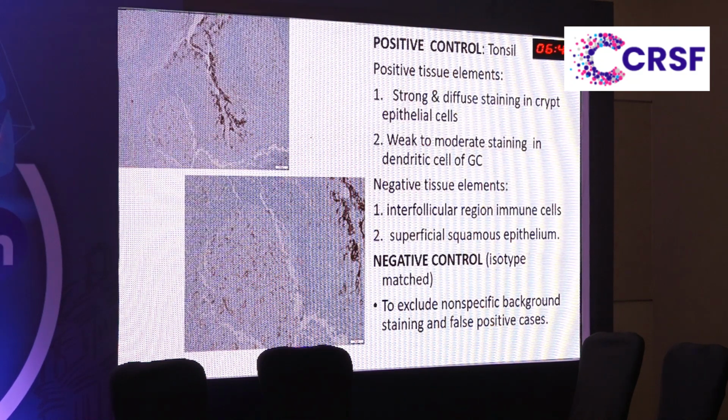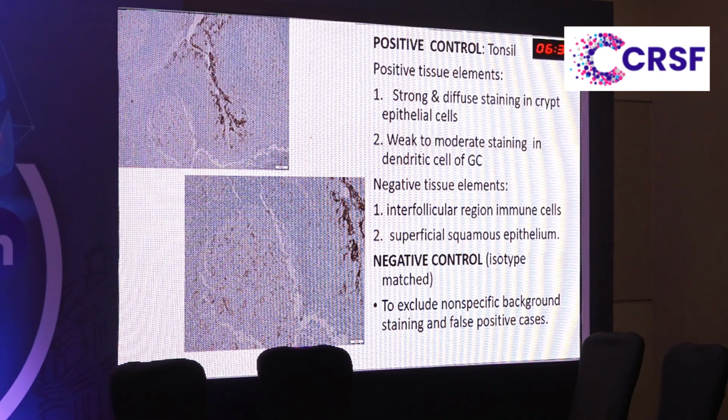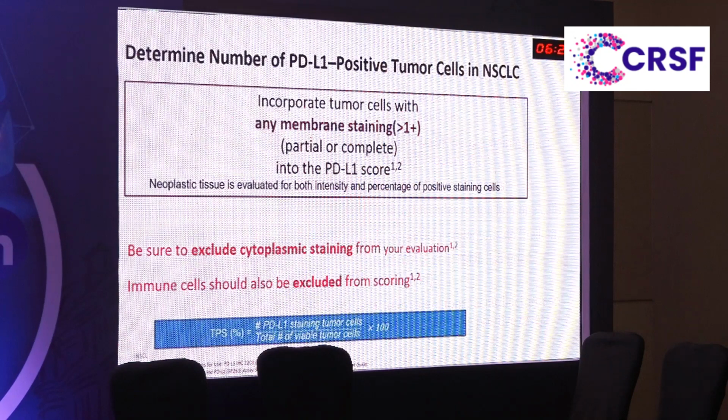The control tissue being used is a tonsil, which has good strong positivity as well as weak expression in the interdendritic cells, and the rest of the lymphoid cells are usually negative. When we have to calculate the PD-L1 expression in the tumor cells, any expression, whether complete or partial, needs to be counted.